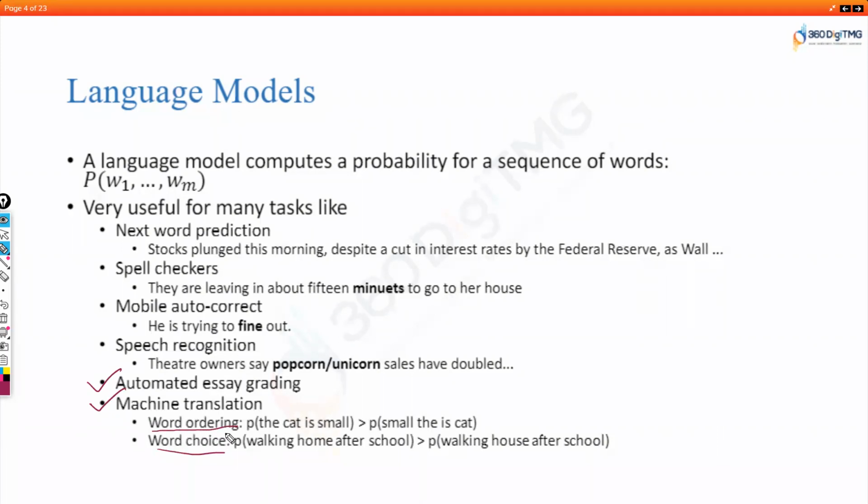Word ordering means, for example, the cat is small. The probability of having the words in this sequence, that is, the cat is small, is high in comparison to small the is cat. So the probability of this will be less in comparison to the probability of that. Then you also have word choices.